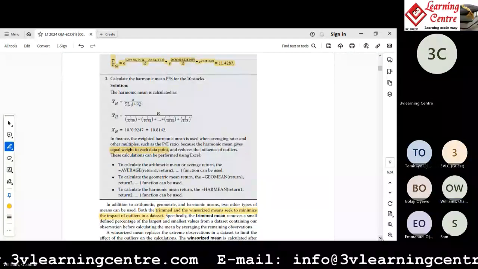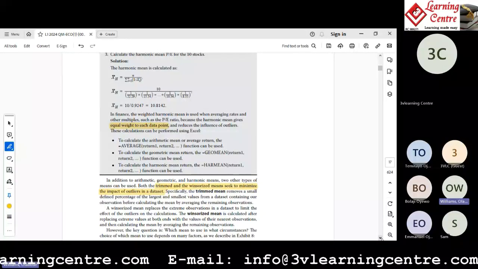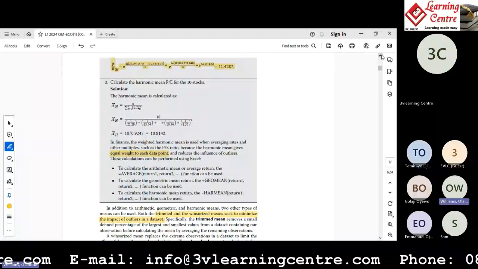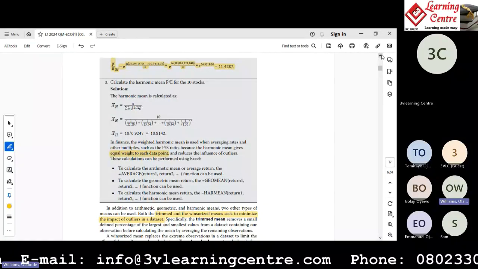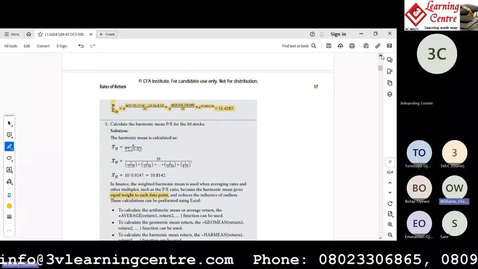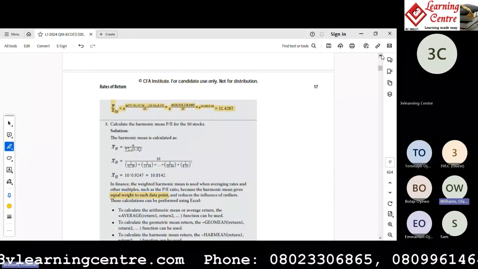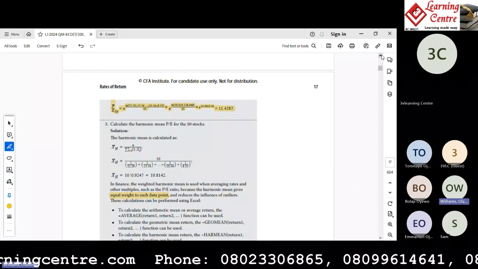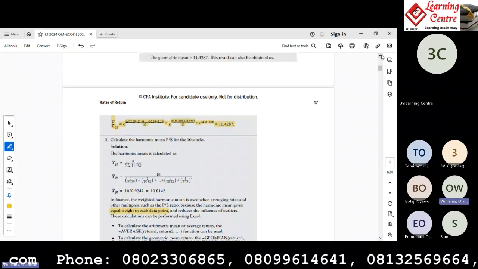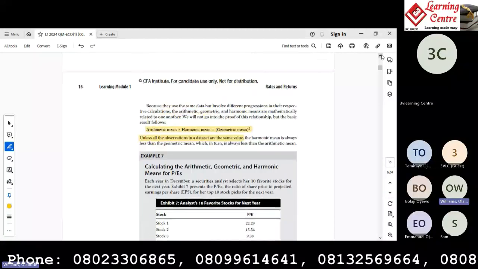And so I would like anyone to try out the relationship for us. Assuming that you're given the arithmetic mean and the geometric mean, can you calculate the harmonic mean?